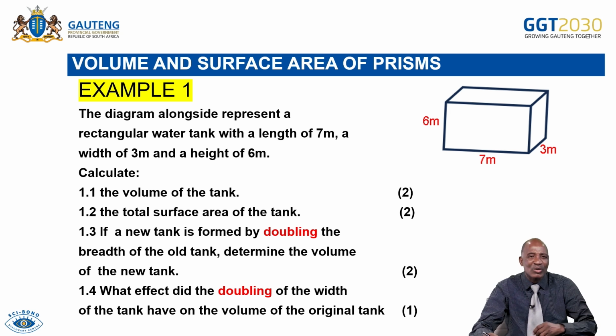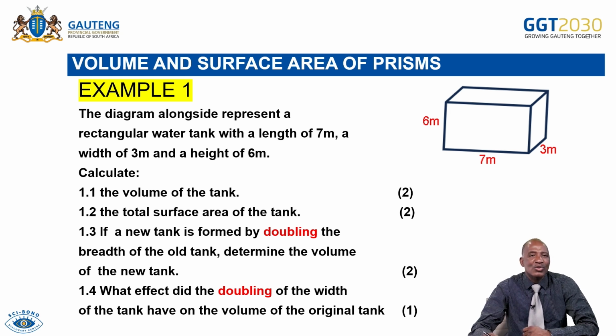Obviously, more space is going to be covered if you are increasing the size of your object. But we want to see the effect of doubling our dimension. It could be all 3 doubled, it could be 2, it could be 1, but in this case, we are doubling only 1. We want to see the effect of that particular 2 after changing the size of our shape.